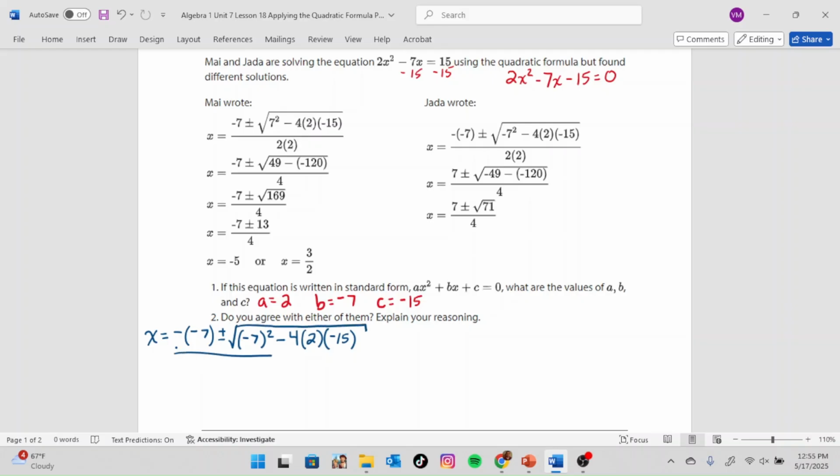And all of this is over 2 times a, which is 2.